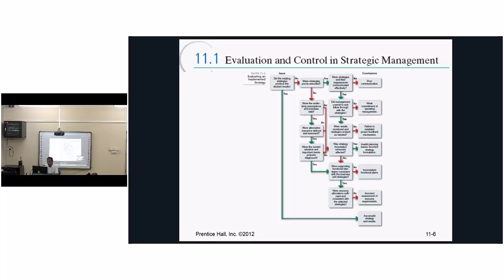Or perhaps the assumptions are still right, the strategy is not formulated or changed substantially, and the supporting functions are also aligned. Perhaps it has something to do with resource allocation. You don't have enough people. For example, you want to bring your inventory down from 60 days to 30 days.